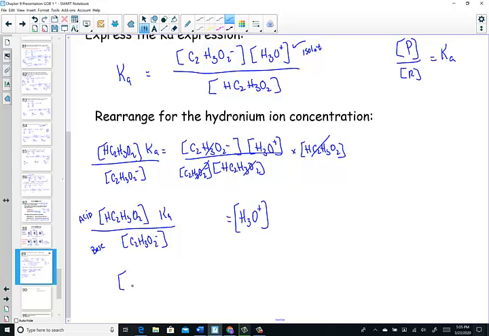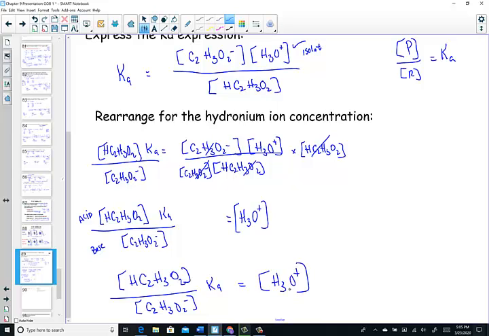So if I really wanted to clean this up, I would take the acid formula, set over its conjugate base, and you'll see Ka written outside, and then you'll see that set equal to H3O+. All right, so we've just rearranged the Ka expression to isolate hydronium.